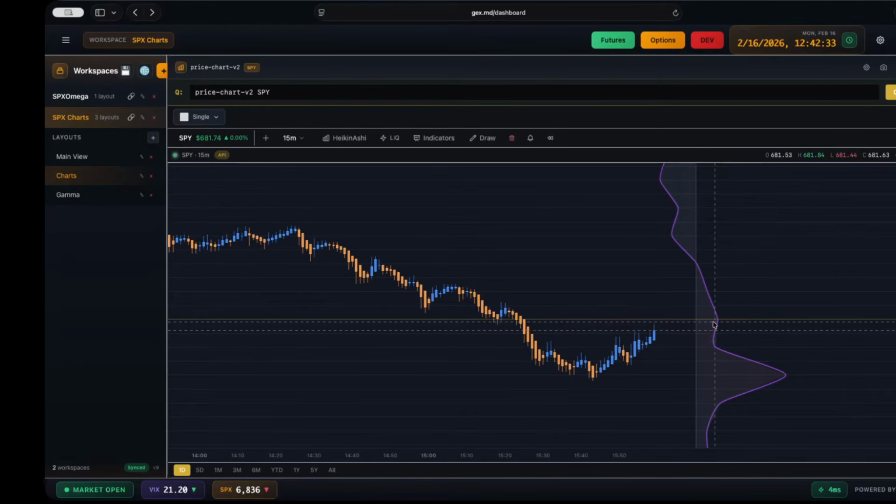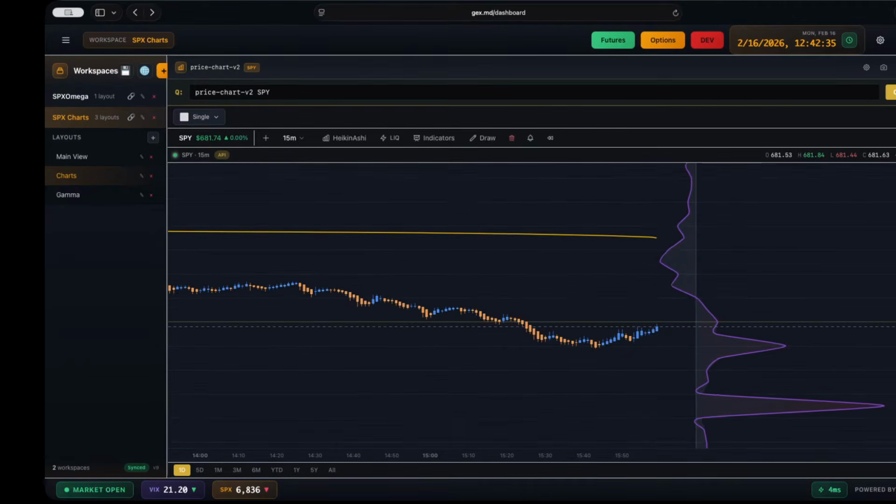So how do you read the curve? This is the middle. Anything on the left is calls. Anything on the right is put. Any spike pointing to the right is put. Any spike pointing to the left is calls.